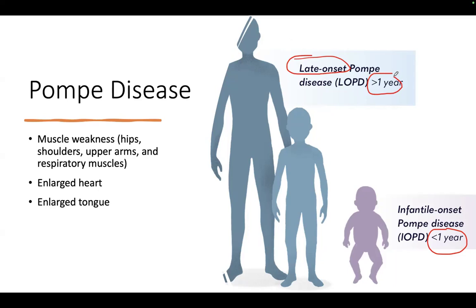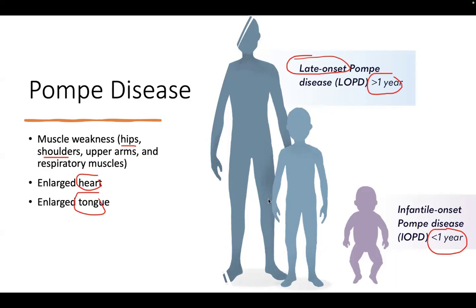Now, they present with a unique distribution of muscle weakness. It's usually in the limbs and the girdle. So hips, shoulders, upper arms, and please take note, respiratory paralysis can occur. Very unique is an enlarged heart and an enlarged tongue.